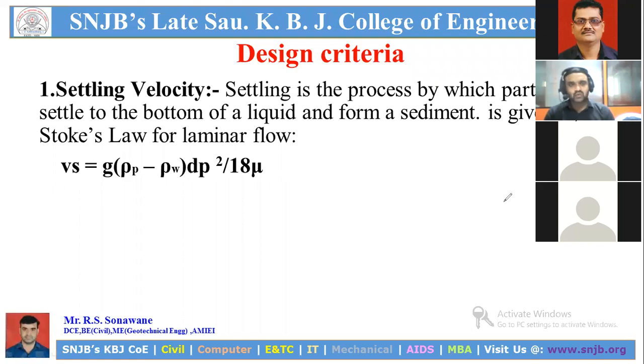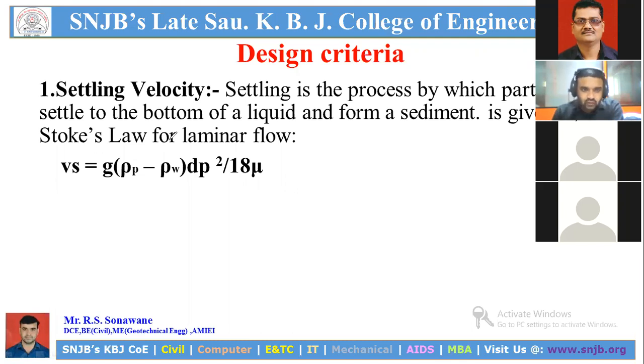It is given by g times (rho p, the density of the particle, minus the density of water) times the size of the particle squared, whole term divided by 18 mu. Mu is nothing but the viscosity.